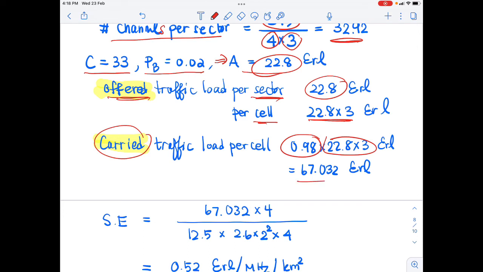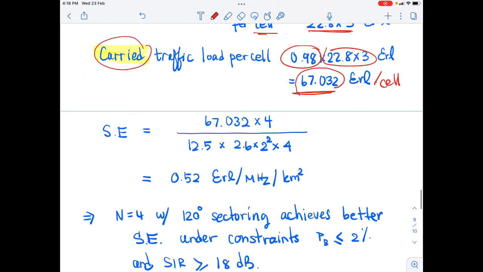So here's the carried traffic intensity per cell. To find spectral efficiency, we want to find the total carried traffic for the whole cell cluster. There are 4 cells per cluster. 12.5 megahertz is for the whole system or the cluster, and this is the area for one cluster.